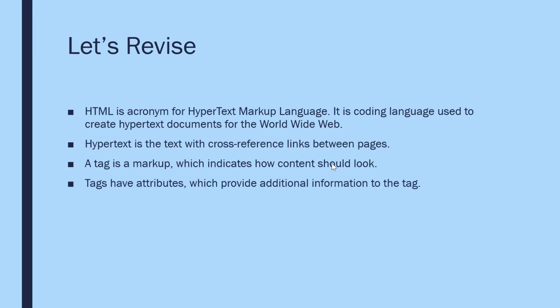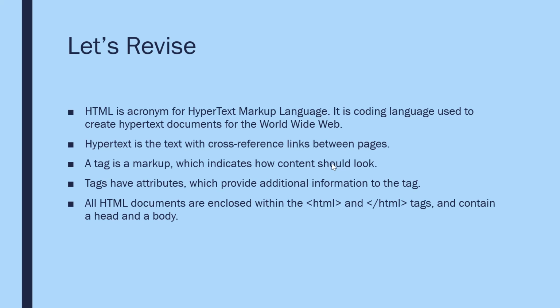Tags have attributes which provide additional information to the tag. All HTML documents are enclosed within the HTML open and HTML close tags and contain a head and a body. So a head and a body is necessary for all the HTML documents, even if you write nothing in the body. Okay, you should have those tags.